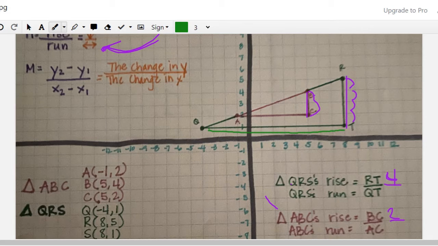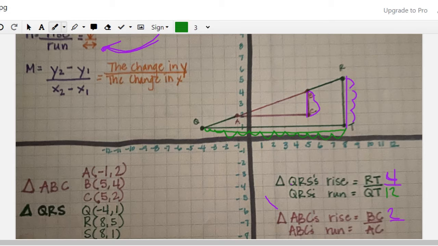Okay, this is the run, and we can count that by starting at Q: 1, 2, 3, 4, 5, 6, 7, 8, 9, 10, 11, 12. So it's 12 hops. So the slope of QRS is 4 over 12.